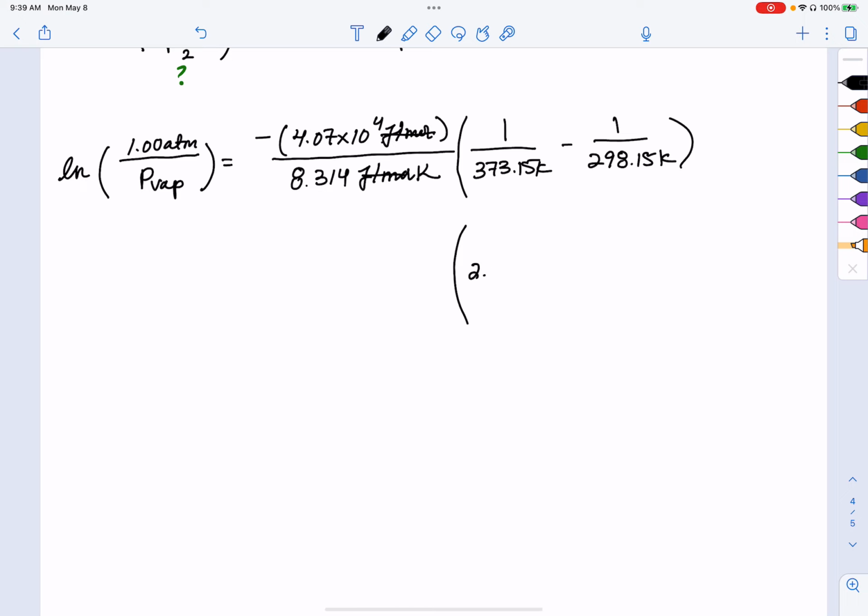So I get 2.67988 times 10 to the negative 3. And again, this is inverse Kelvin, minus, don't forget to open your parentheses when you do this, 1 over 298.15 Kelvin.